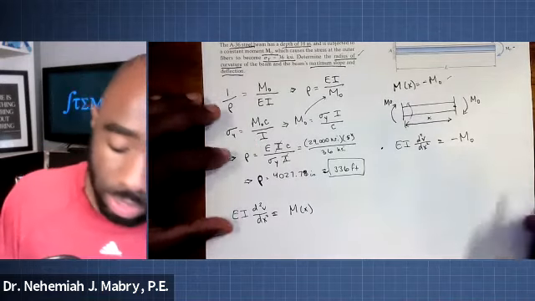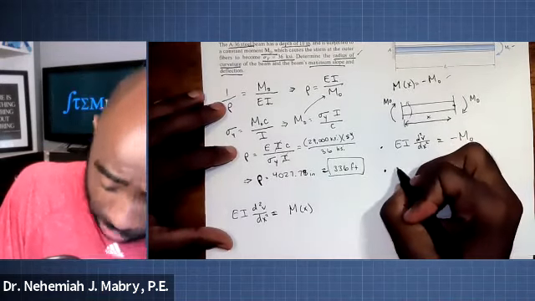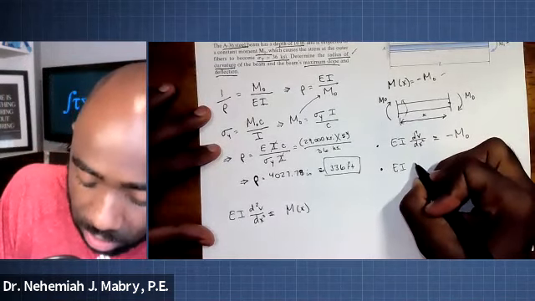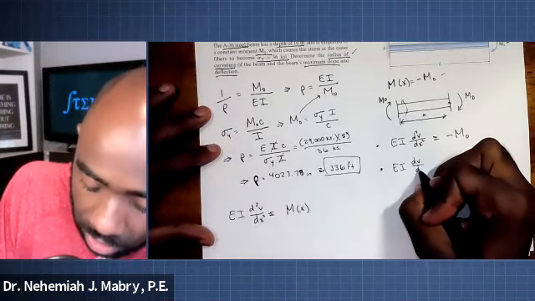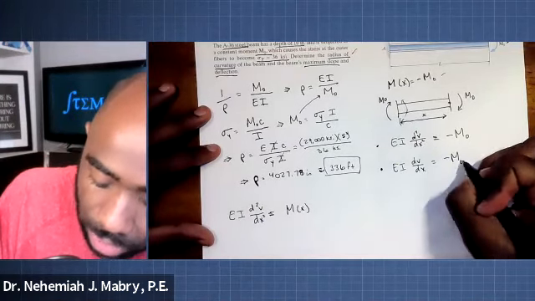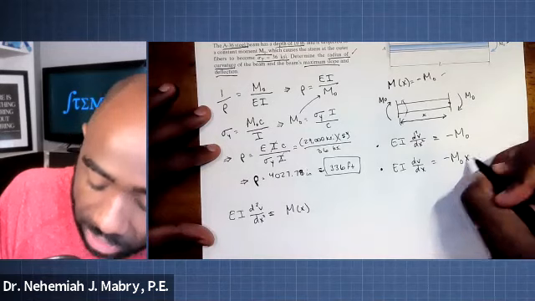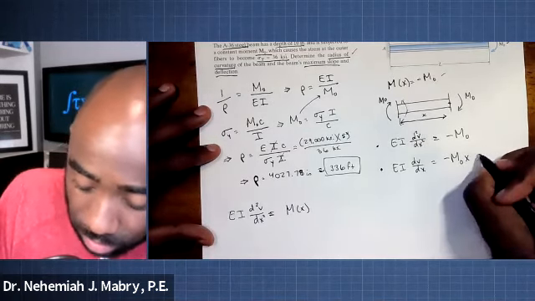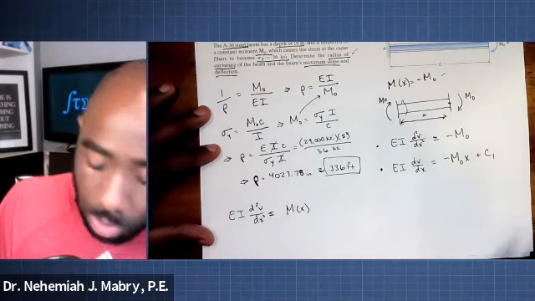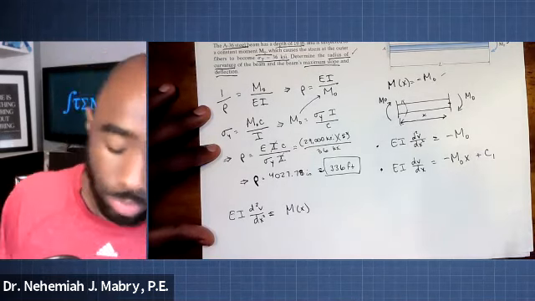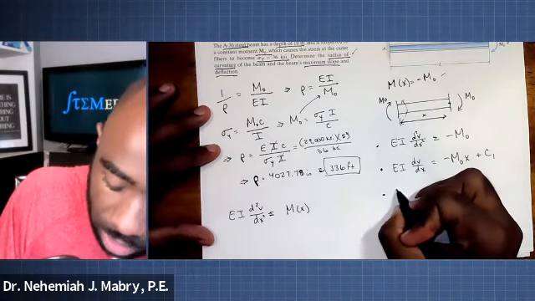If you take the integral of that, we're going to get the slope equation, dv/dx, which is equal to negative M sub naught x plus C1. That's our second equation.